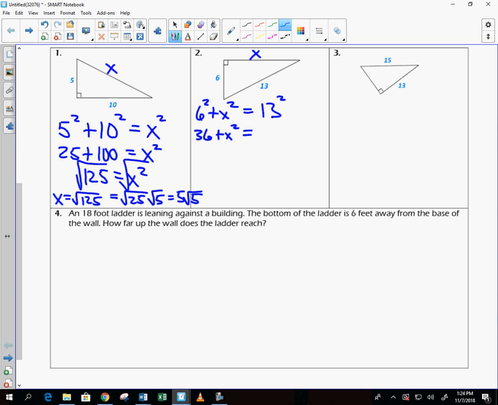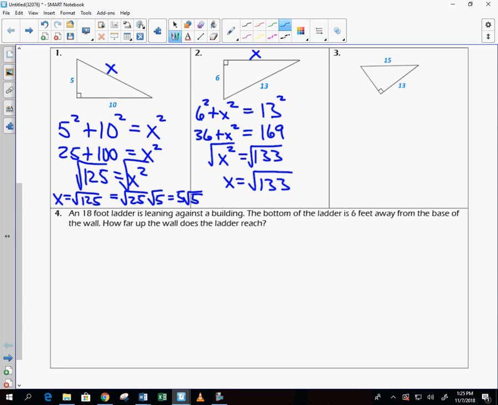What is 13 squared? 169. I subtract the 36, and I get x squared is 133. Take the square root. Is there a perfect square that divides evenly into 133? No, there's not. So it is simplified.